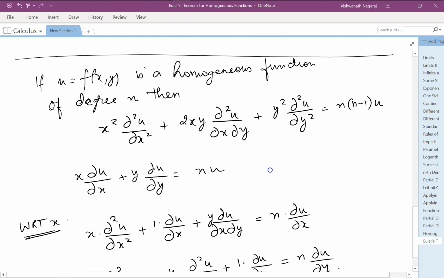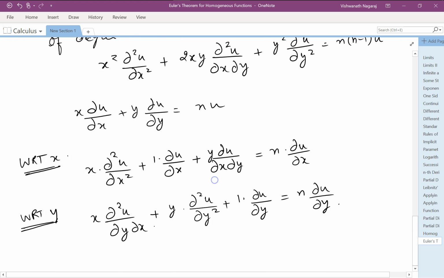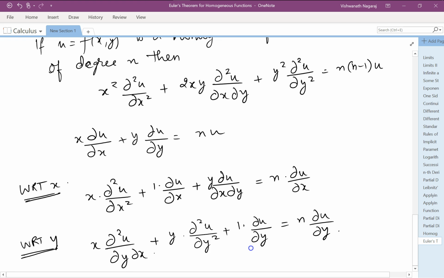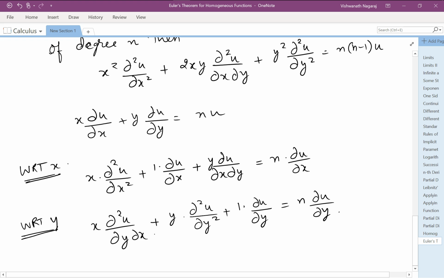Now remember, we have to prove this, or we have to arrive at this, x² ∂²u/∂x² kind of thing. Which means what? This is there here, we need one additional x.